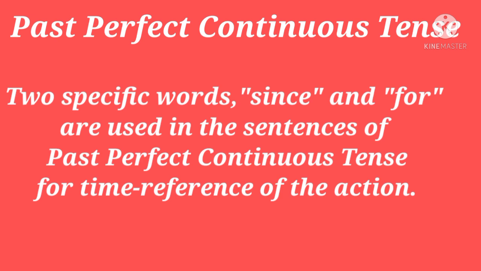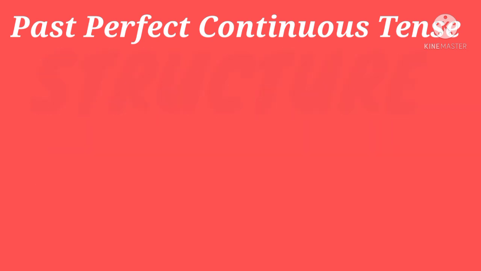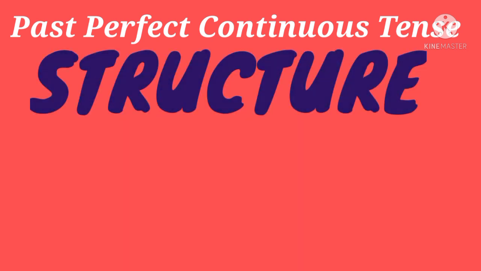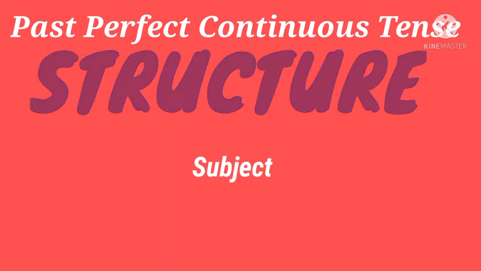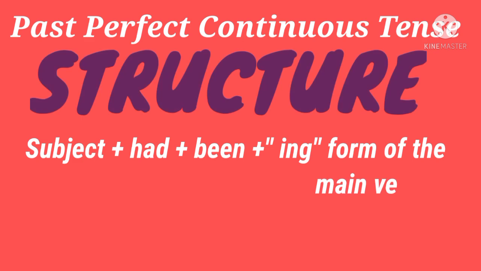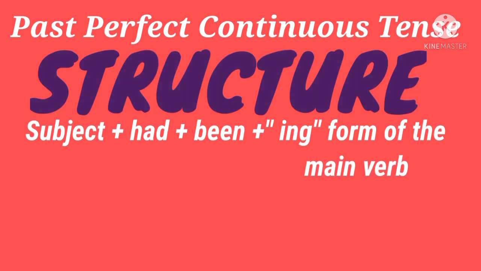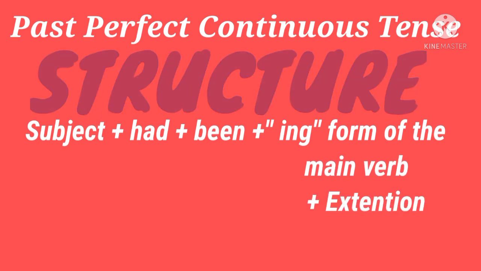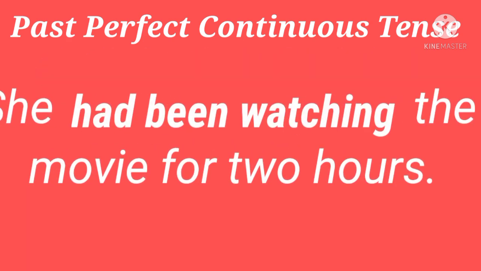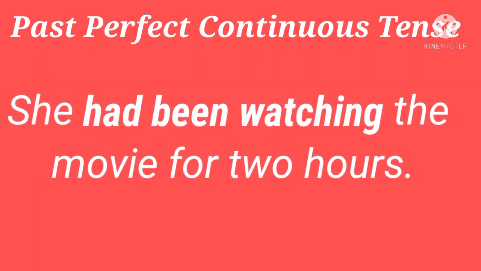Now let's talk about the structure of the sentence in past perfect continuous tense. And the structure is subject plus had plus been plus the ing form of the original verb plus extension with time reference. As for example, she had been watching the movie for 2 hours.